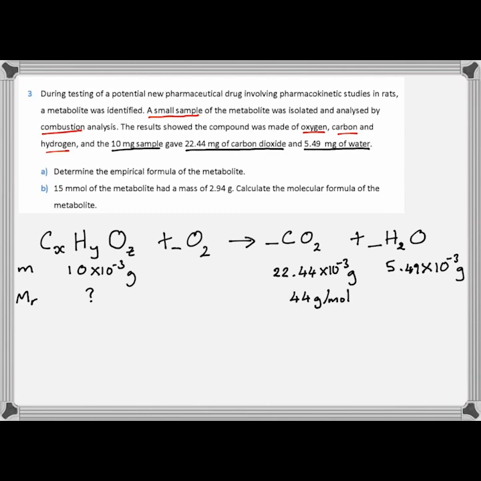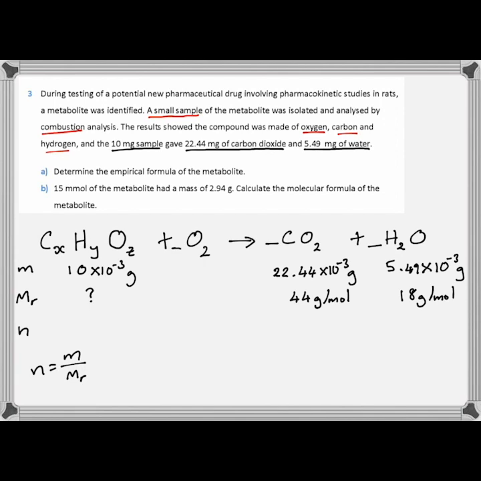Same goes for the H2O, it's got an MR of 18. So I will write down 18 grams per mole for this one. Now I can work out the number of moles N, because we know from our formula that number of moles equals the mass divided by the MR. So that's what we're going to be using.